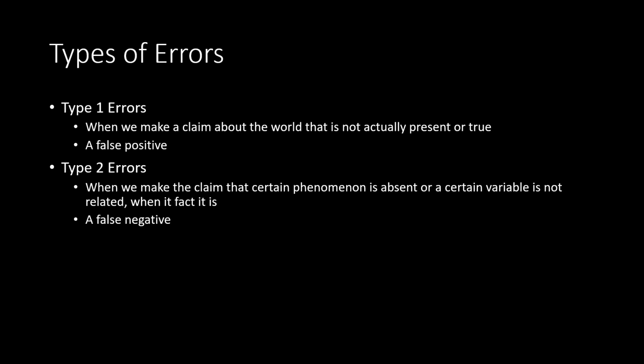Now, that's fine and well and dandy when it comes to our own personal image as researchers, but at the end of the day, it is important to acknowledge that both types of errors are always possible because of the probabilistic nature of how we do research and try and grapple with the complexities of the world. There is nothing you can do to completely remove the possibility of making these two types of errors.